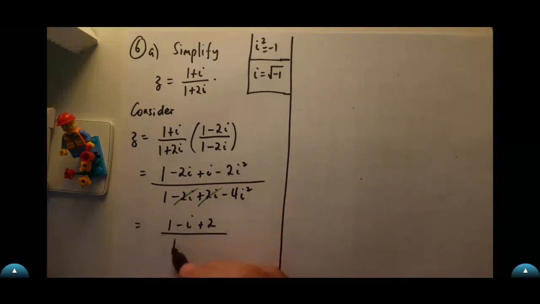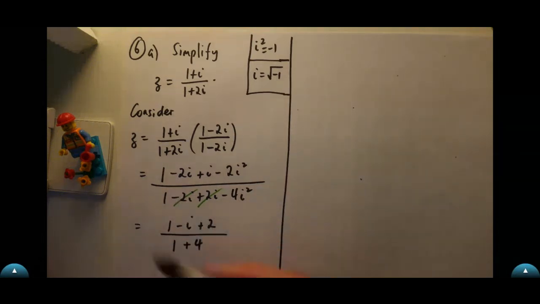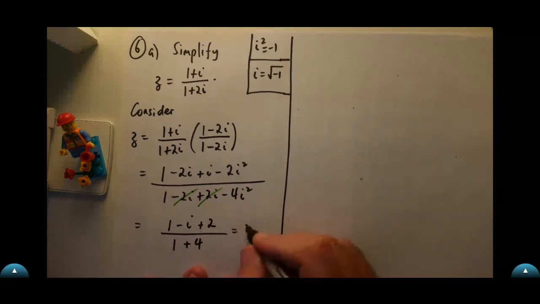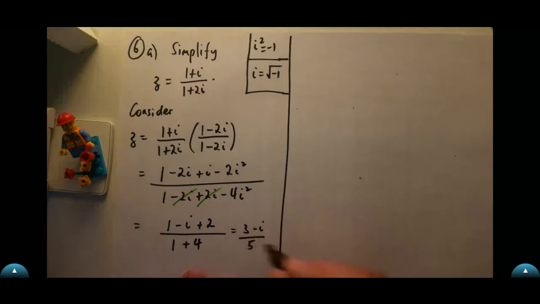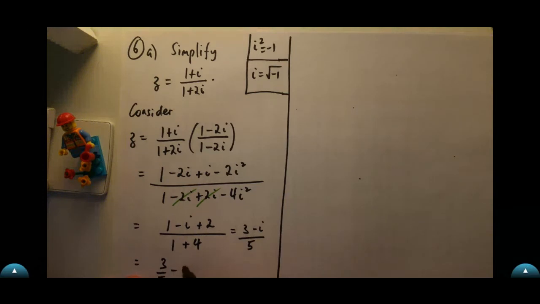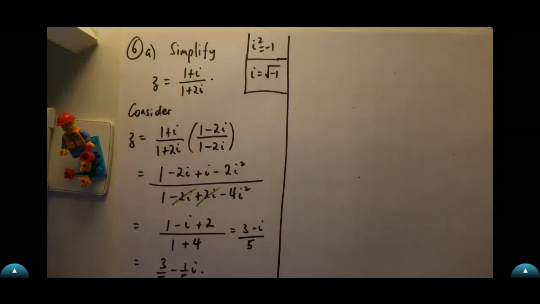And down here, it's 1 plus 4. Okay? So now all we need to do is simplify this. And if you want to really write it out in true Cartesian style, you would break this up and write it like that.